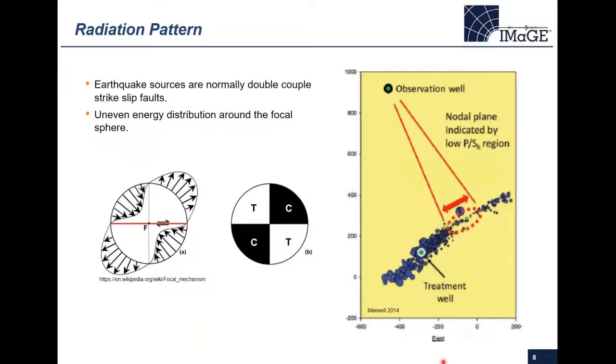Something else that can affect our microseismic catalogue is the radiation pattern. The vast majority of earthquake sources in microseismic data are normally these double couple slips on faults.